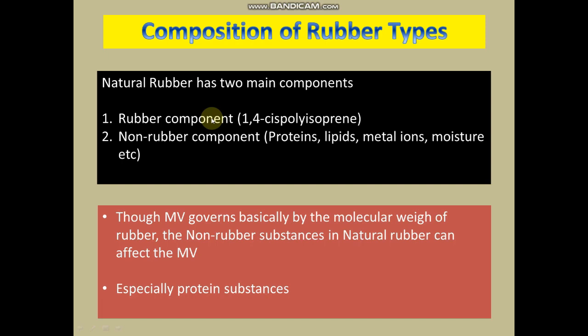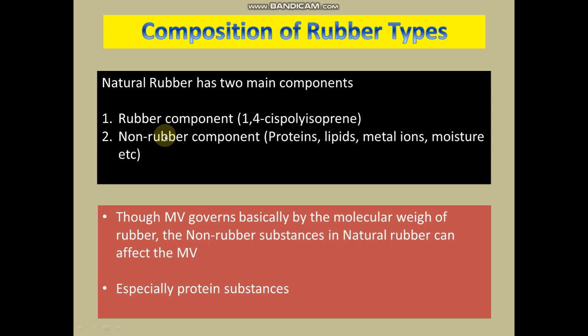These non-rubber components are protein, lipid, metal ions, moisture, etc. So different types of non-rubbers are there, and these non-rubbers can affect the Mooney viscosity.